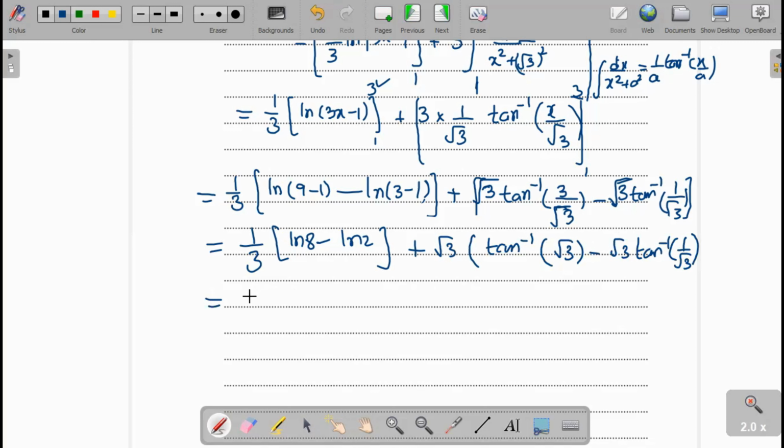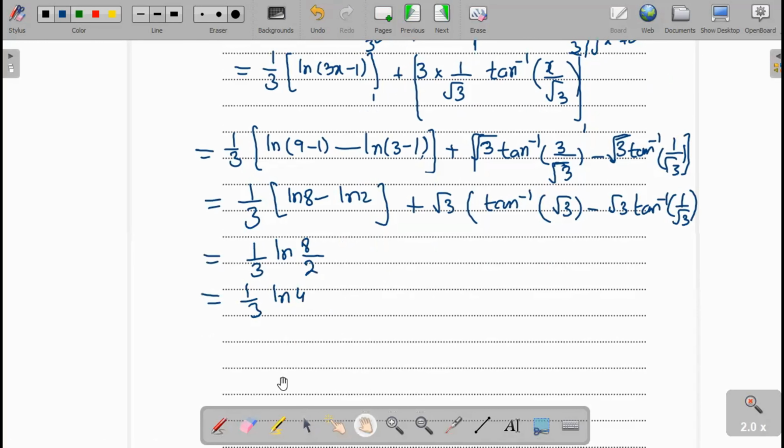Now we can solve 1 over 3, that is ln 8 minus ln 2, which can be written as ln 8 over 2, and that is 1 over 3 ln 4. And that value becomes 1 over 3 ln 2 squared.